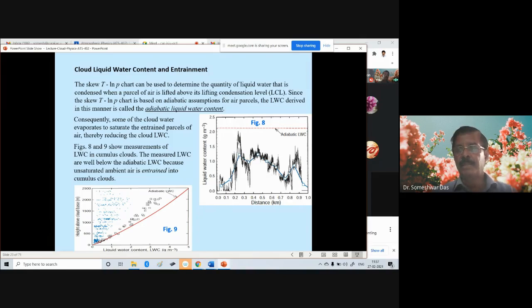Because of that, the cloud liquid water gets continuously evaporated, and therefore the amount of cloud liquid water which is measured is less than what is estimated or shown by the adiabatic liquid water content.